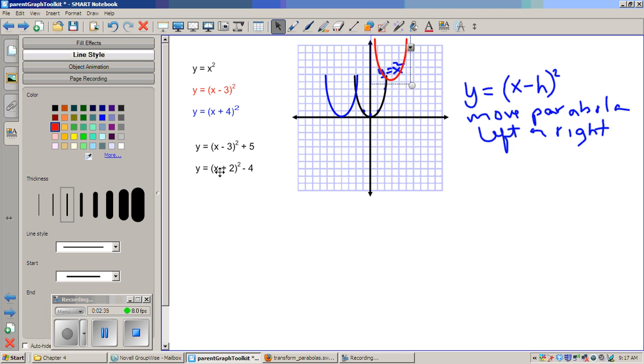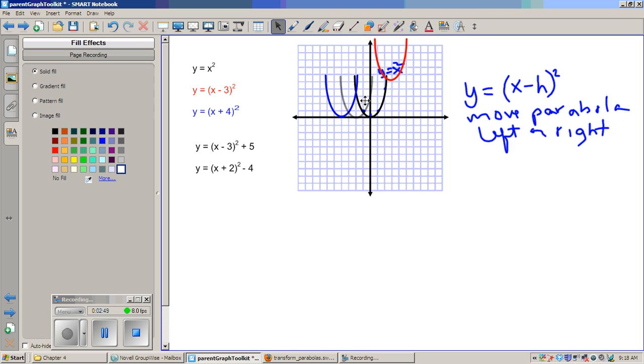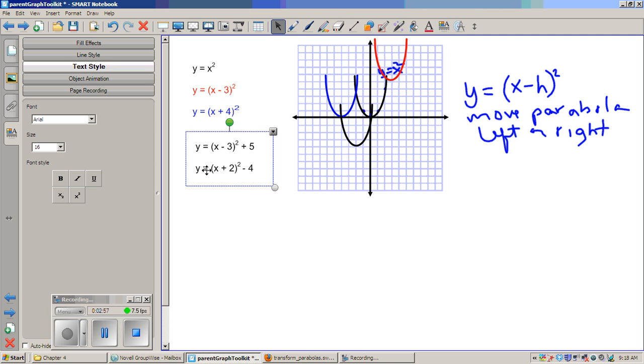And if I did y equals x plus 2 squared minus 4, this parabola here, y equals x squared, would move left 2 and down 4. And now that would be y equals x plus 2 squared minus 4.